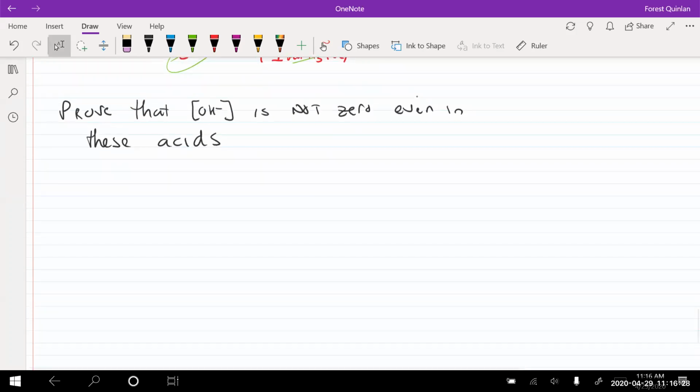I'm going to take a look at the 0.1 molar HCl. You told me that meant the H plus is 0.1 because there's only one. Great. So what is OH minus?